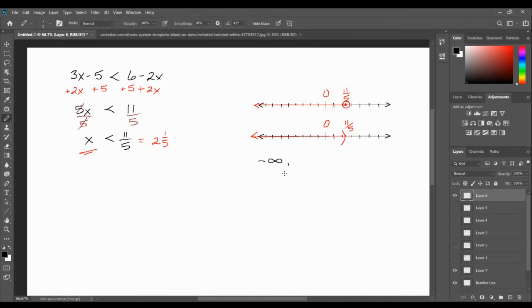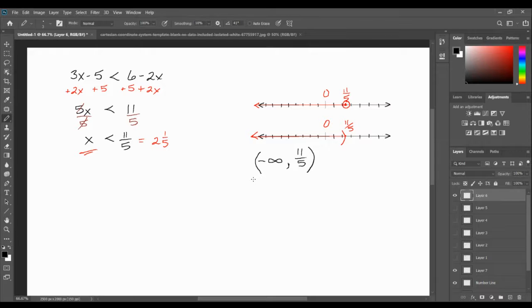And then we will put the largest number we are considering over on the right-hand side here, and that would be 11/5. When you don't include the number, you put a parenthesis, and notice that matches my notation for the number line. If you can't get there, if it's not included, you put in a parenthesis. I can never get to infinity, so infinity will always get a parenthesis.